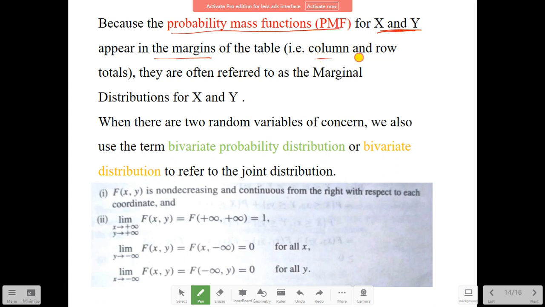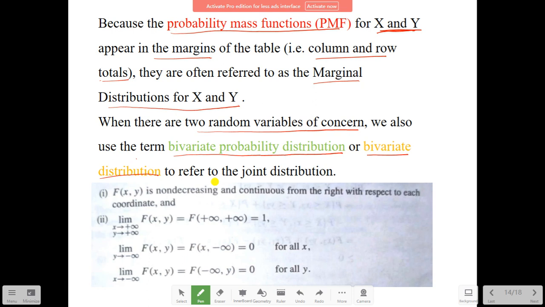So column and row totals are often referred to as the marginal distributions for the random variables x and y. When there are two random variables of concern, we also use the term bivariate probability distributions, or simply bivariate distributions, to refer to the joint distributions.